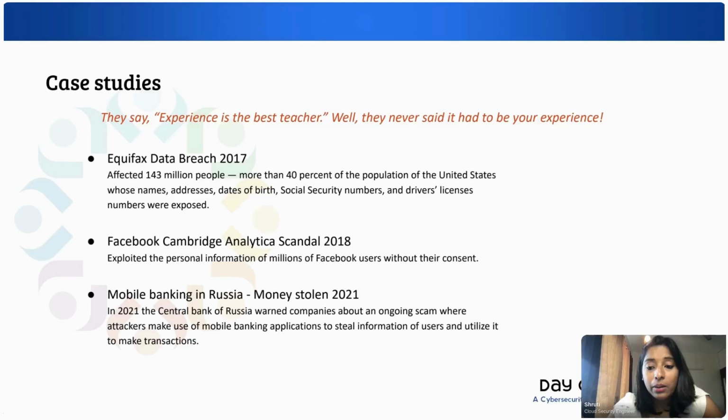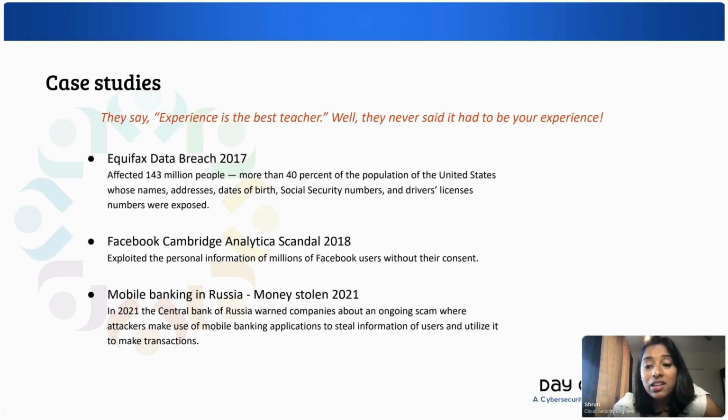So the first and most famous one is the Equifax data breach. The Equifax data breach occurred between May and July 2017 at the American credit bureau Equifax, and it potentially affected around 143 million people, which is more than 40% of the population of the United States.